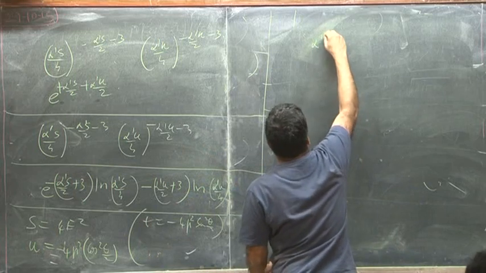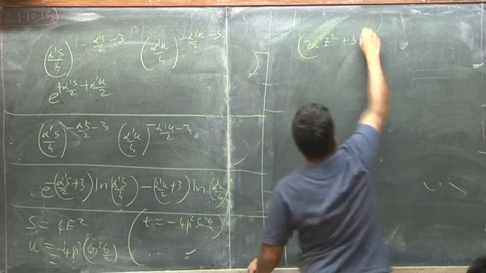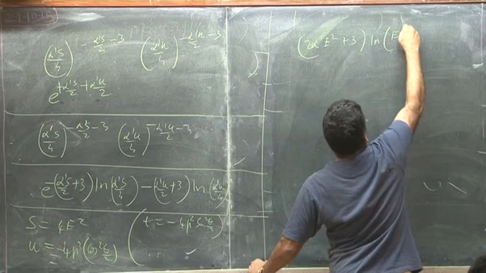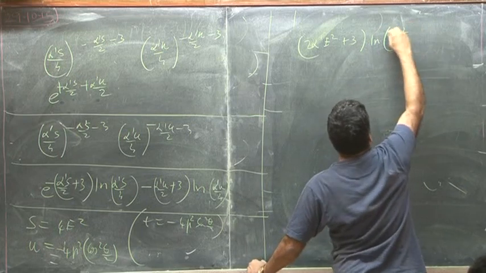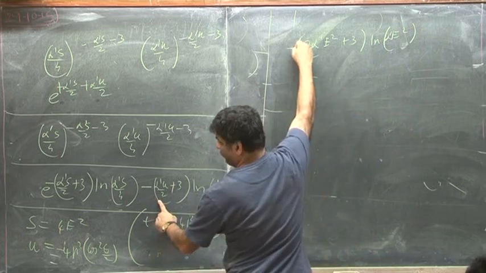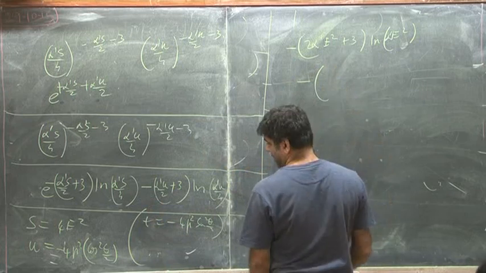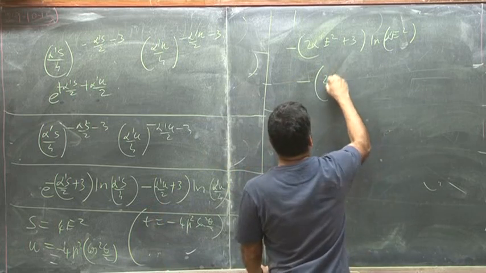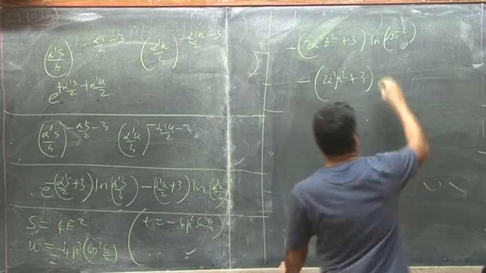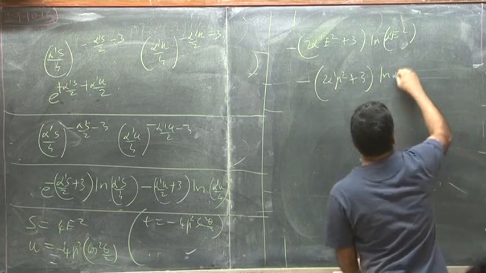Alpha prime 2 alpha prime e squared plus 3 log e squared alpha prime, plus, overall with the minus, and then minus 2 alpha prime p squared plus 3 log alpha prime p squared.